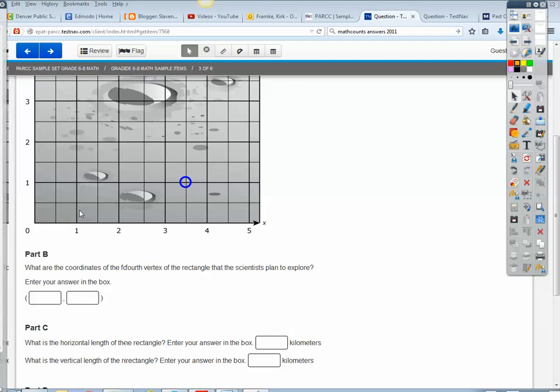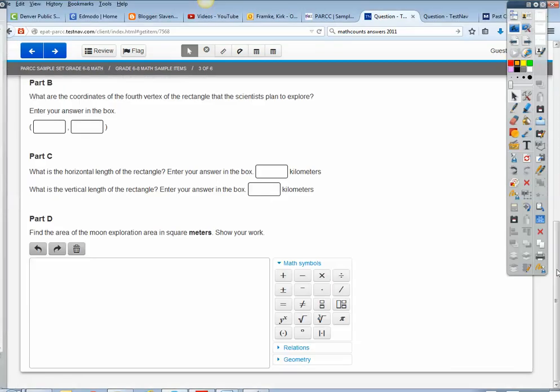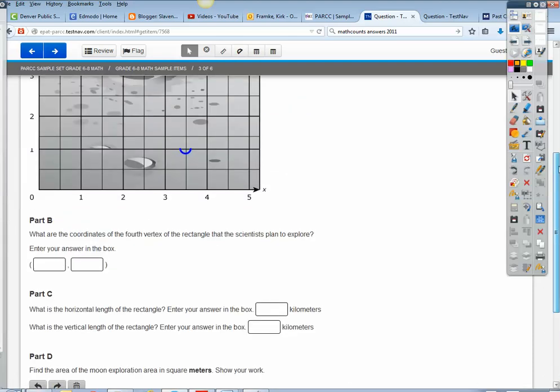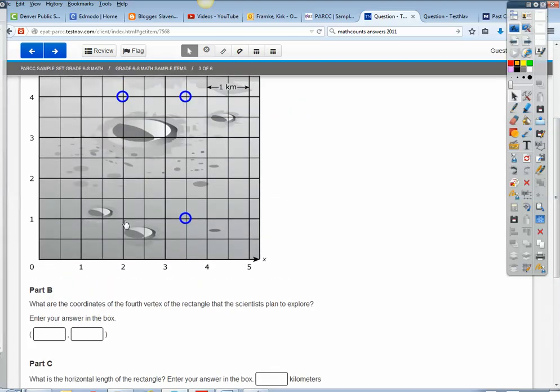Well, to make a rectangle, I'm obviously going to have to put it right there, right? So that's going to be at 2, comma 1. So that's 2 over, 1 up.